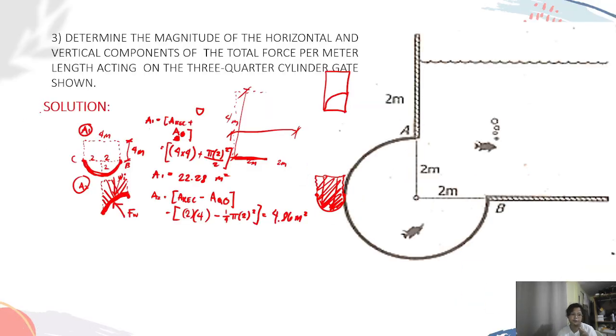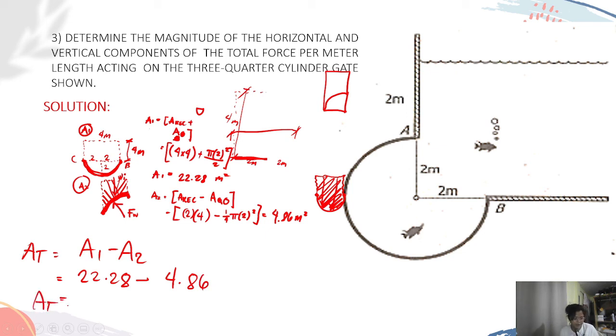So, therefore, to get the total area, we have to subtract A2 from A1. So, A1 is 22.28 minus 4.86 is equal to, ilan yun? So, A minus B. Ayan, 17.424 square meters.